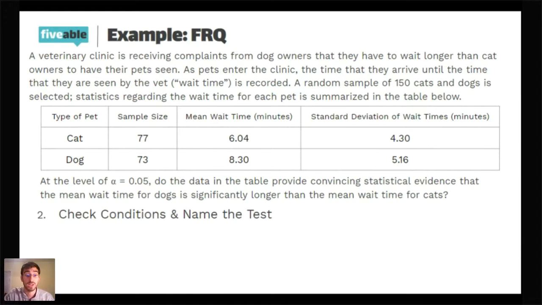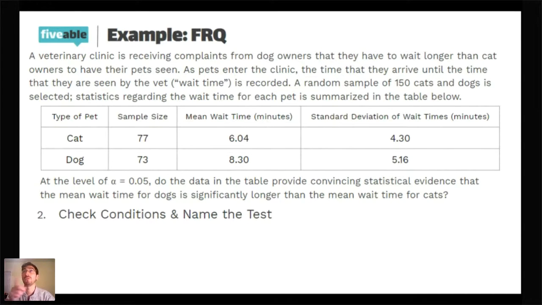We always have to check randomness. We always have to check that our samples are big enough. And we have to name what test we're going to do. And your standard convention for naming the test would be something like, you do not need to state the alpha level when you state the hypothesis and define parameters.